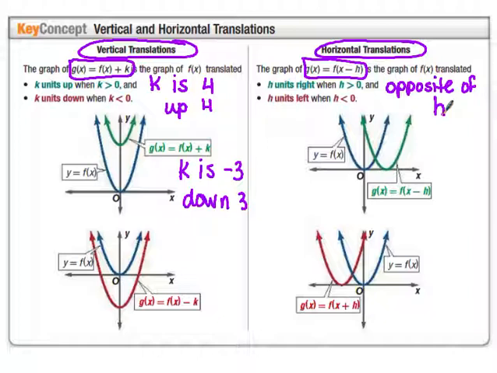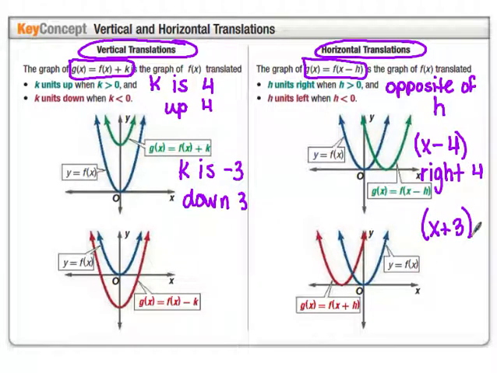So example, if I had x minus 4, I'm actually going to go to the right 4. So to the right 4. Now, if I had x plus 3, I'm going to go to the left 3. So the vertical is exactly what you see. The horizontal is going to be the opposite of what you see for the translation that you do.